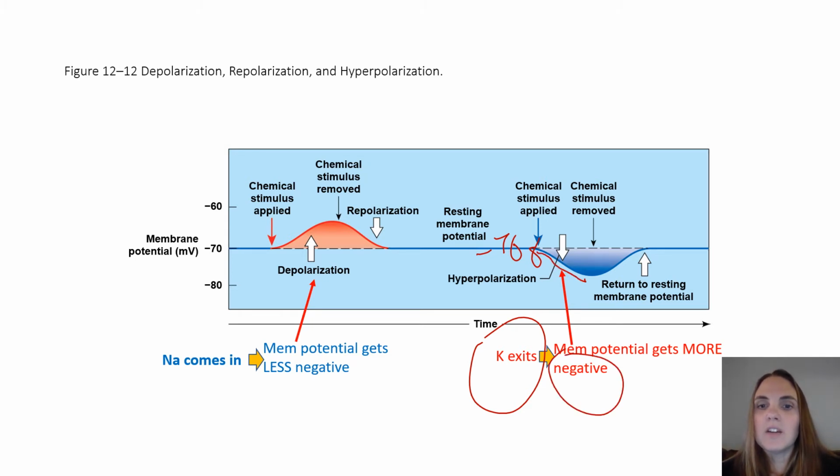So you can see here our membrane potential is decreasing to negative 80 millivolts. If we remove that ligand and close that potassium channel, then our sodium-potassium pump can start working to return to our resting membrane potential, which is negative 70 millivolts.